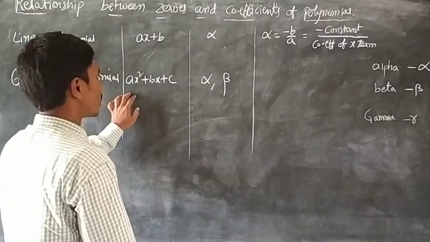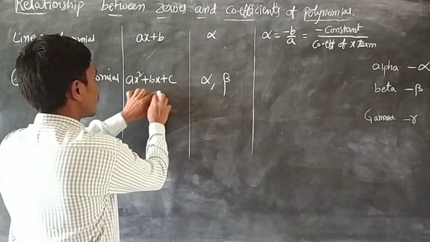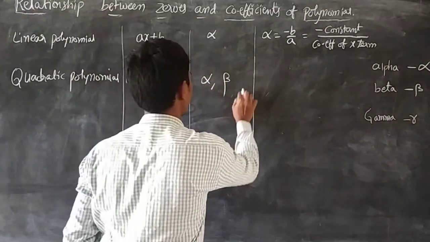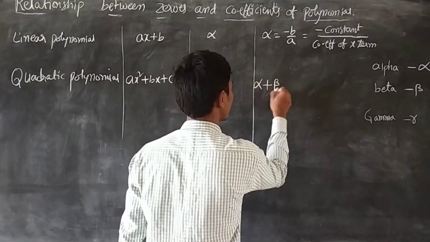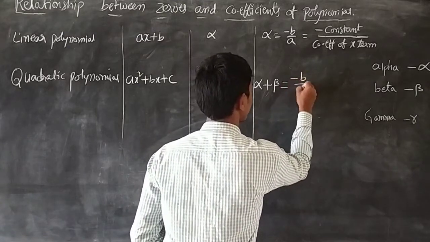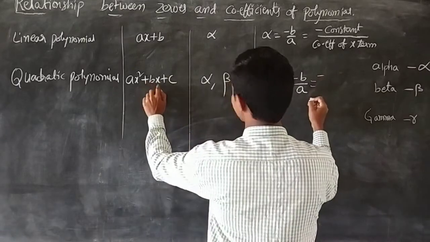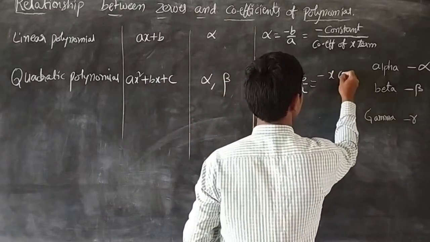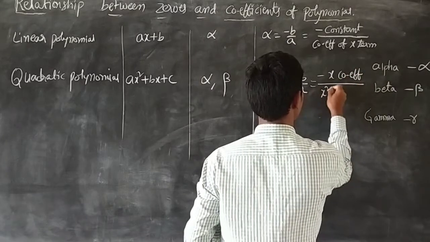In the quadratic polynomial, the coefficients of the x square term, x term and constant are related with the zeros alpha and beta in a summation. Alpha plus beta is equal to minus b by a, that is equal to minus of the x coefficient by the x square coefficient.